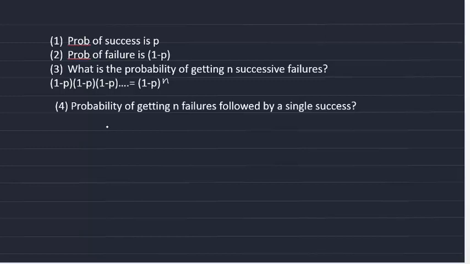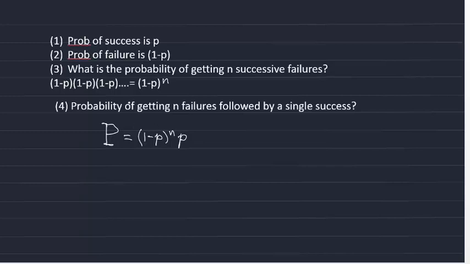We can write the probability, big P, for the final outcome: the probability of getting n failures followed by 1 success is 1 minus little p to the n. And of those trials, the last one is a success, little p.